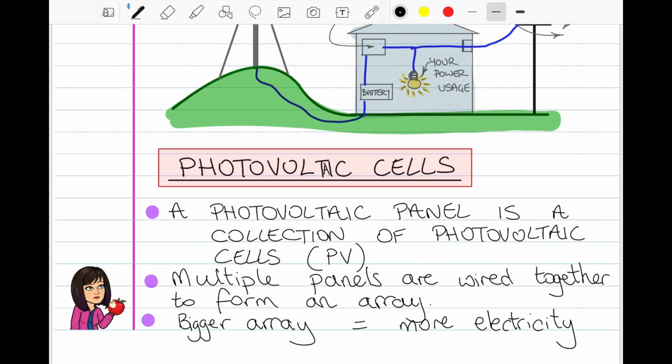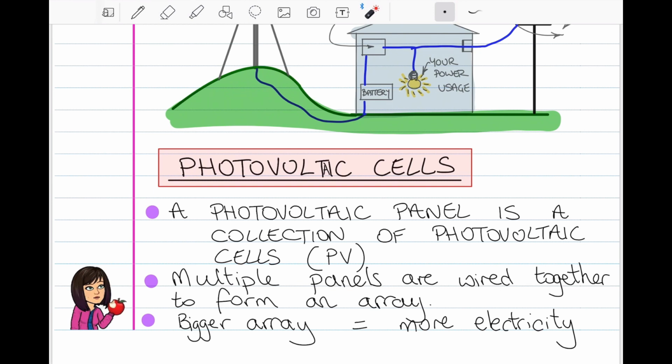Right. A photovoltaic panel is a collection of photovoltaic cells. So we have singular cells, put a load of them together, a collection of them, and you have a panel. And again, the more of them that you have, the better the chances of generating electricity, particularly in Ireland, and particularly in Ireland in the winter.